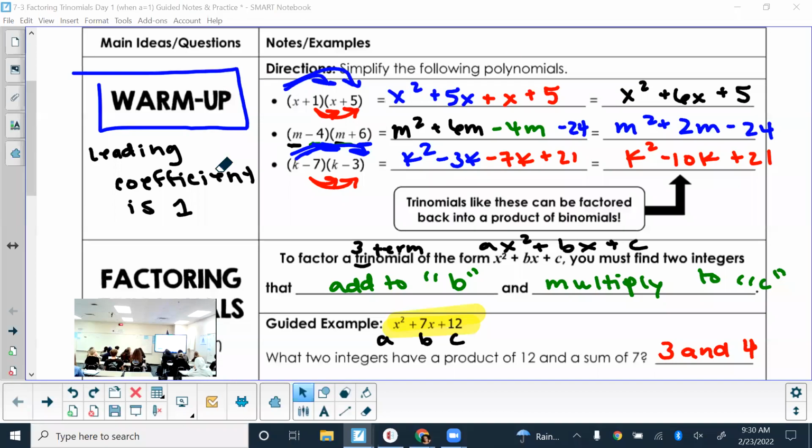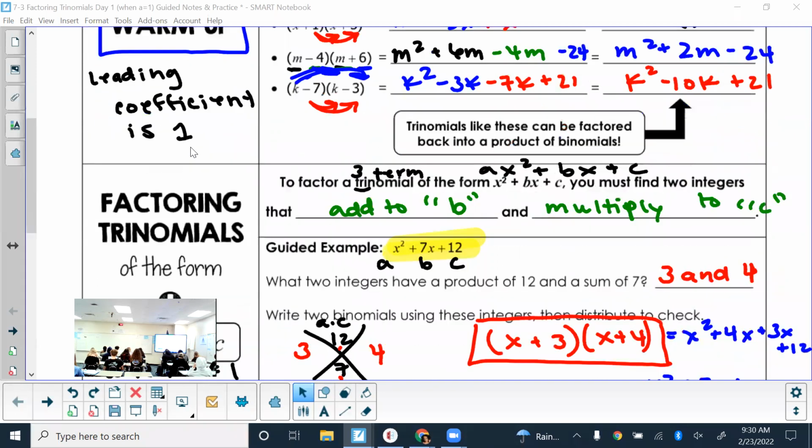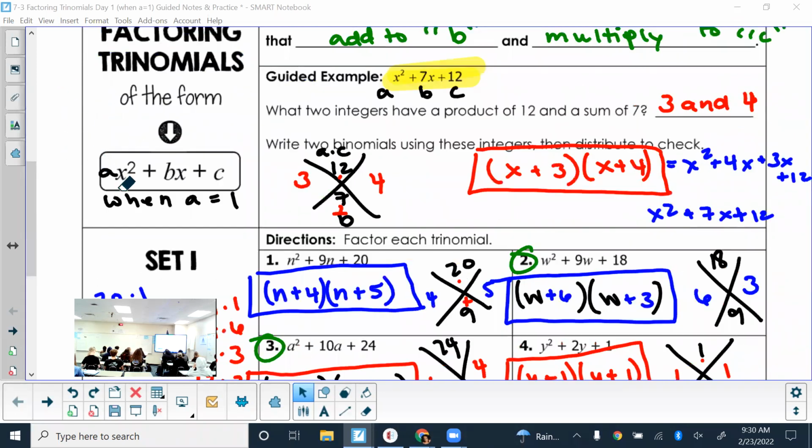Yesterday we learned how to factor trinomials that are in this format: ax squared plus bx plus c. And in all of these examples, a, the number in front of the x squared, is 1.